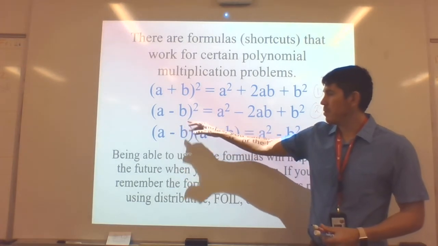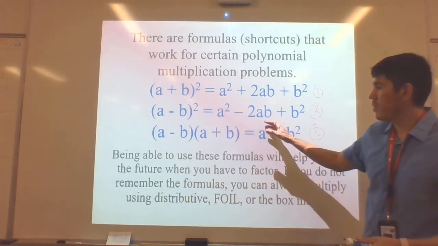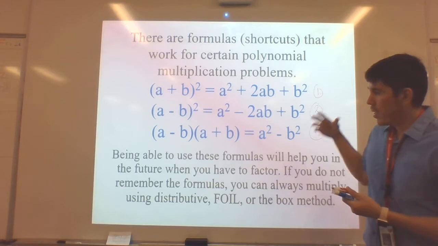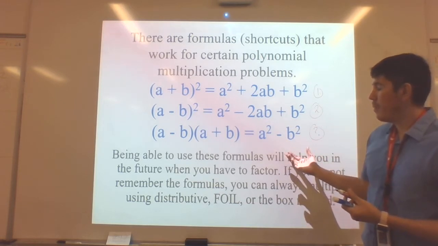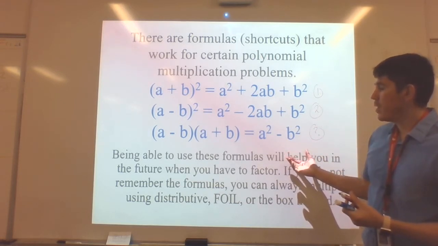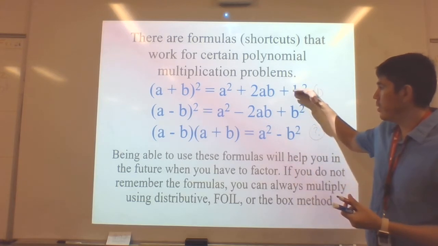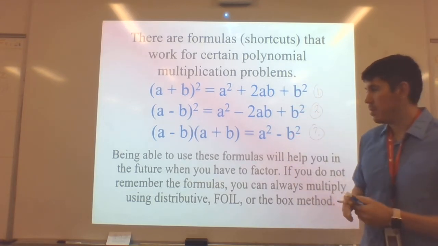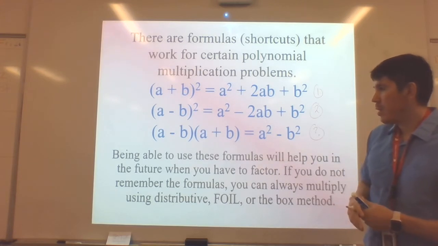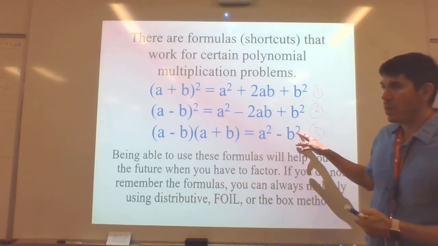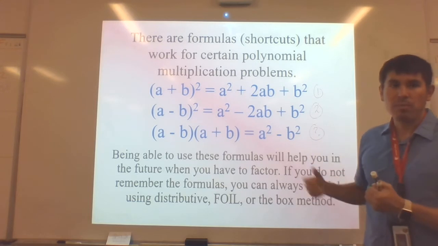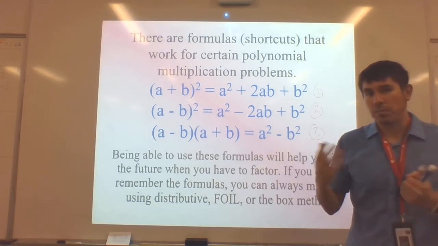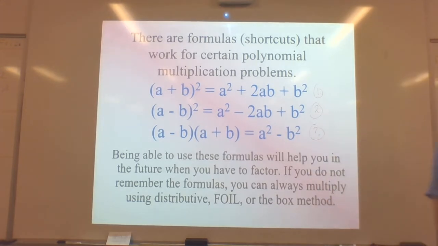Here we are. You're going to expand. We're going to take a shortcut here, and when you expand it, this is what it's going to look like. When I say expand, I mean we're multiplying. If you can't remember this pattern, you can always just multiply, and we'll go over both situations.